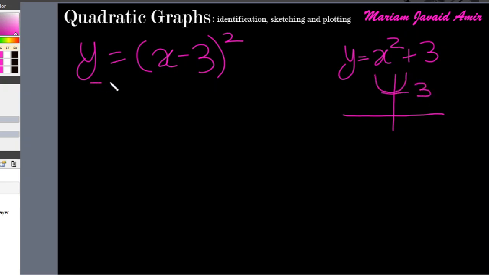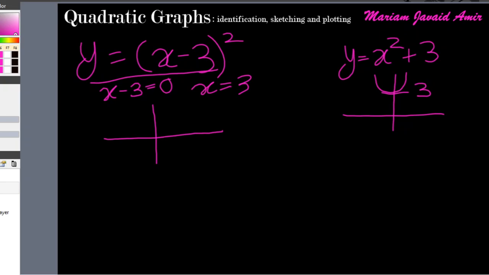But here the -3 is inside the whole square. So what happens now, you simply substitute x minus 3 equals 0, which gives us x equals 3. So the graph will simply be a graph like this which cuts the x-axis at 3.